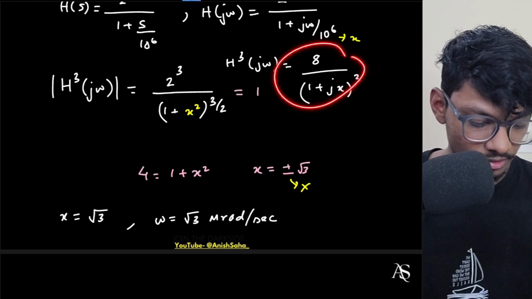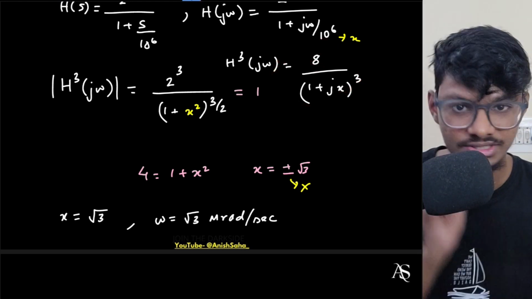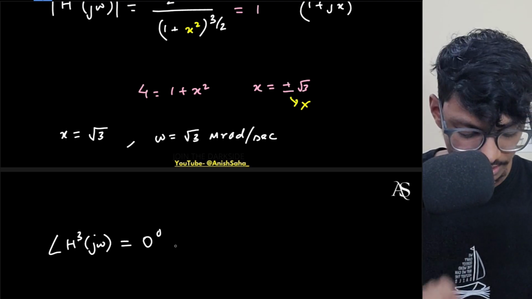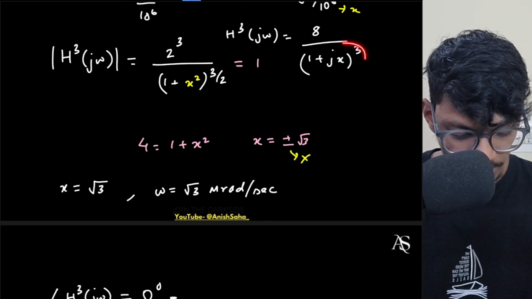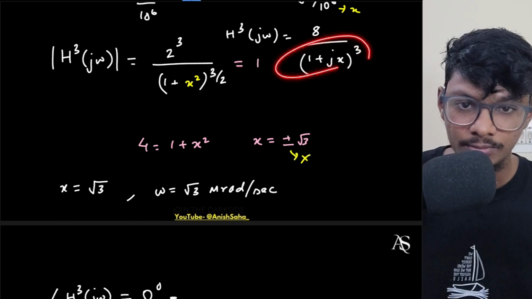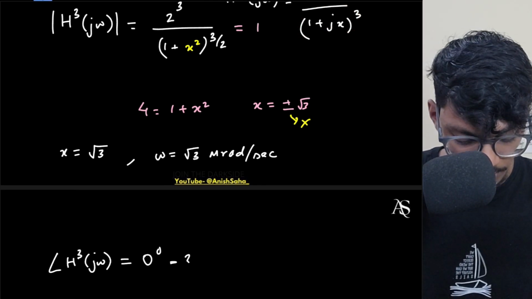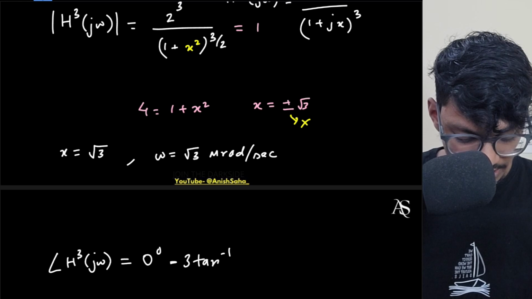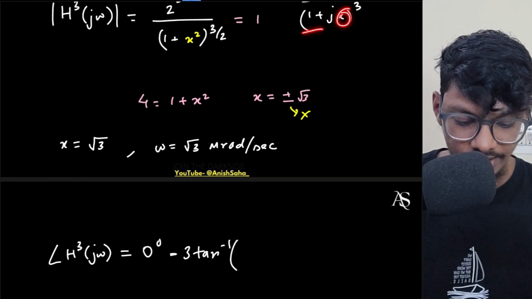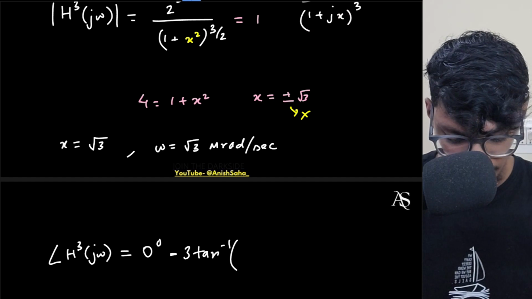Now what is the angle of this? So the angle due to this plus 8 is simply 0 degrees because it is a positive real number. Now as the other things are in the denominator, I will write negative here. And if you remember that as they are multiplicative, I can simply write the power at the front, and this will be tan inverse of the imaginary by the real term. So it will be tan inverse x by 1.